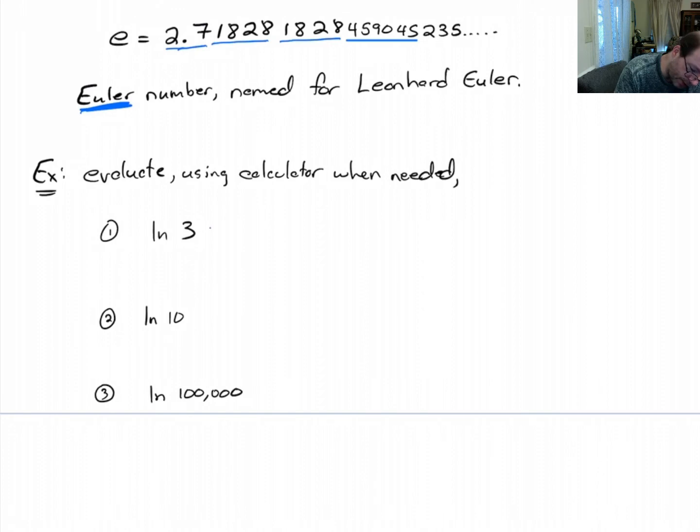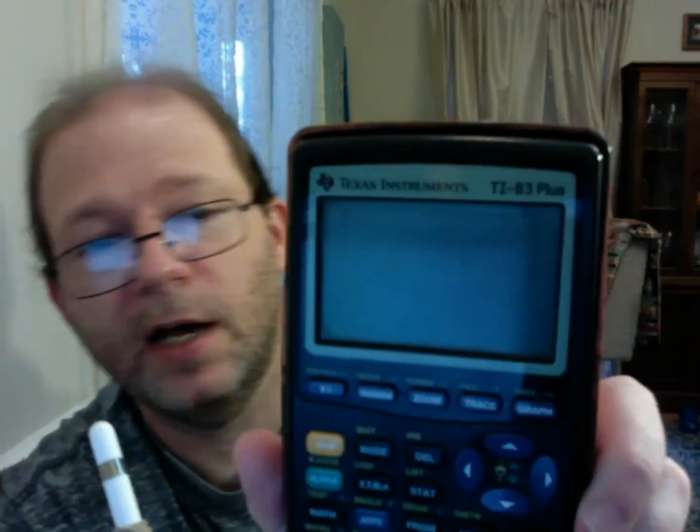So natural log of e, I'm going to do that on my calculator. I'll do the first one actually showing you. Let's see, you've got natural log of 3.